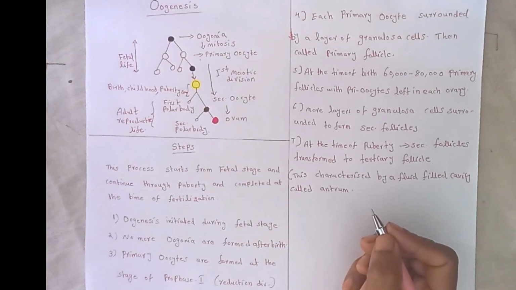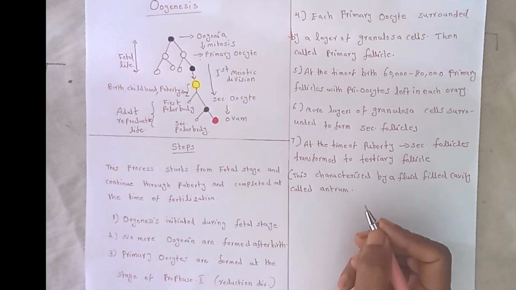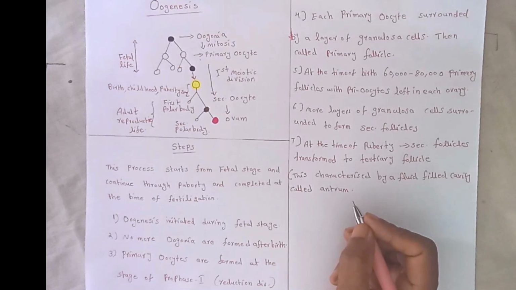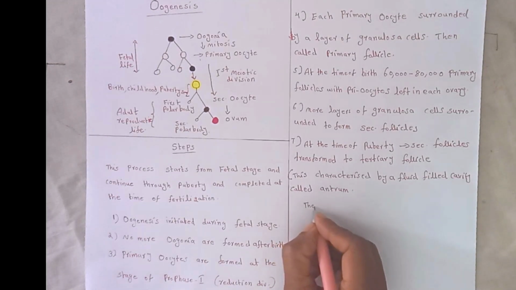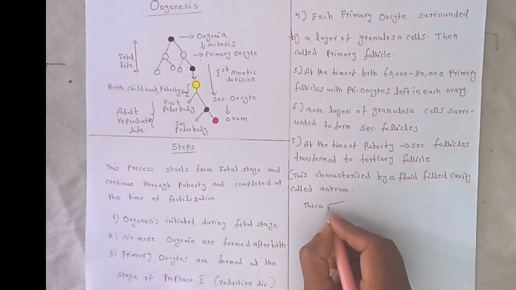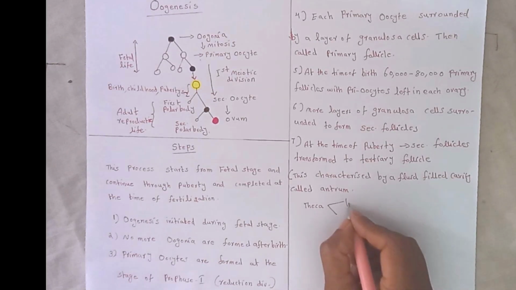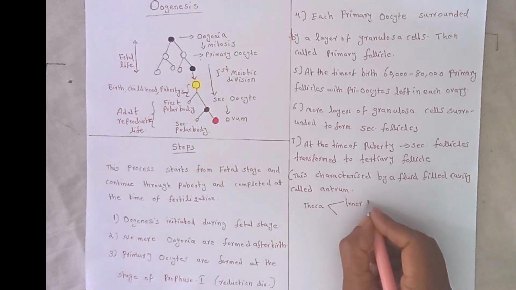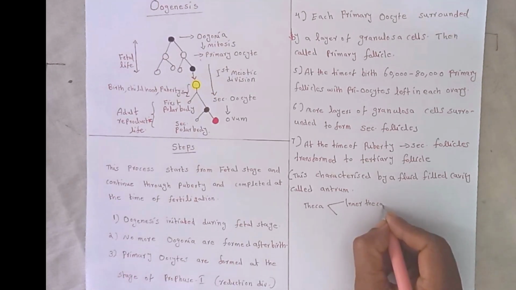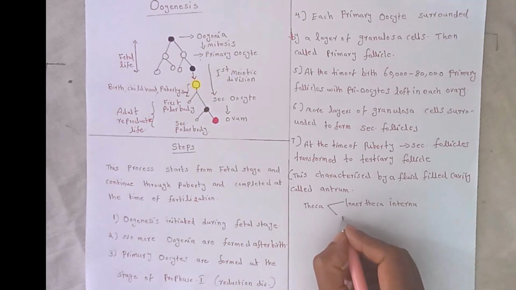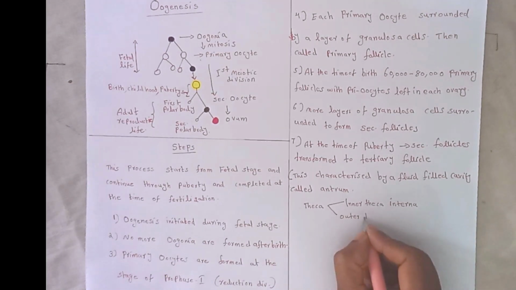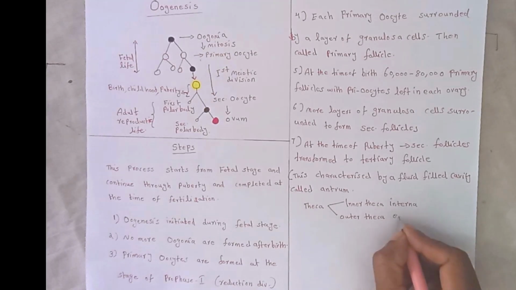Next step, the theca layer is organized into two: inner theca interna and outer theca externa.